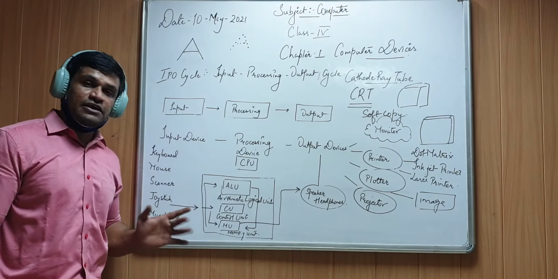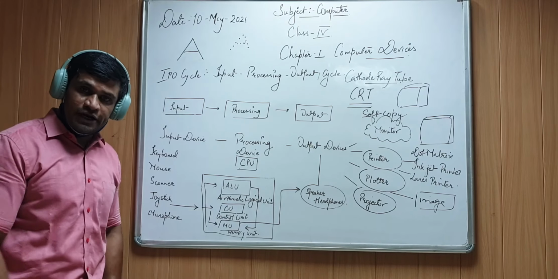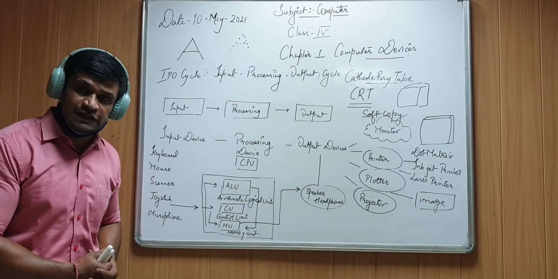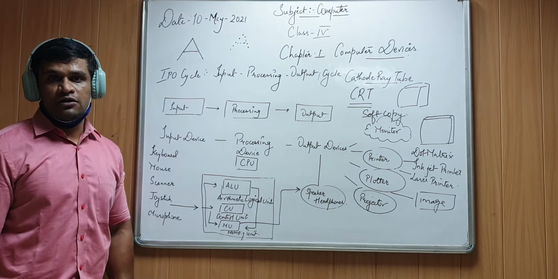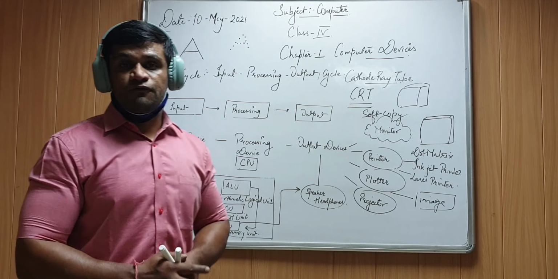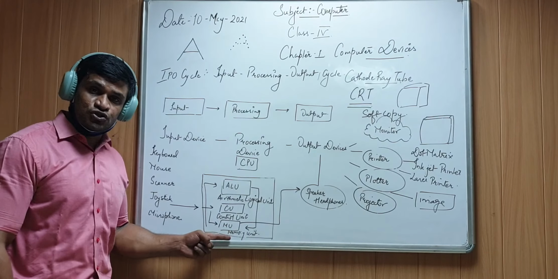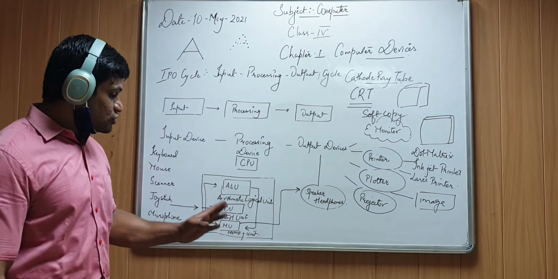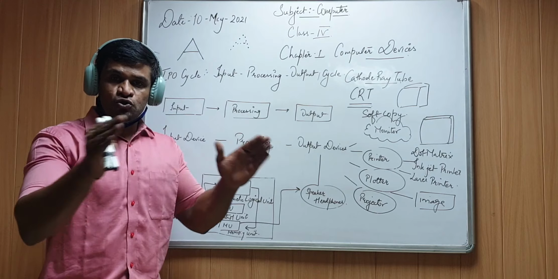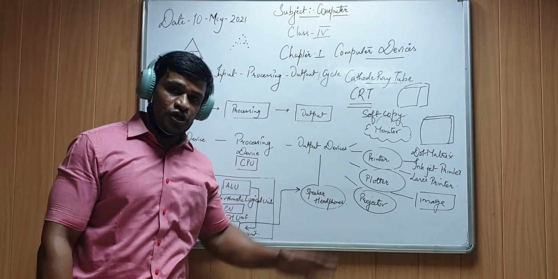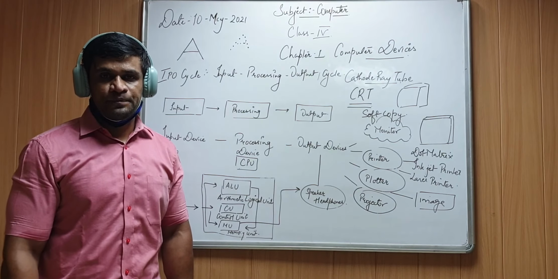Once it is given to ALU, ALU will solve it, calculate it, and generate an output, an answer, which is again taken by the control unit and stored in the memory unit. Later on, we may require it for our further use. So all the input and output are stored in the memory unit. Once it is stored, control unit will give it to the output device. It can show it on the monitor, or you can take a printout using a printer.